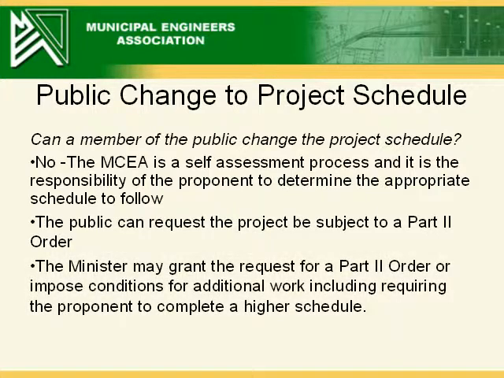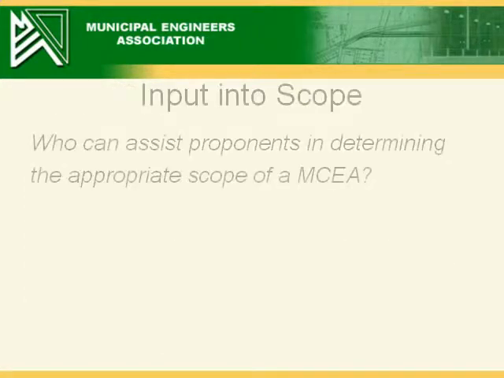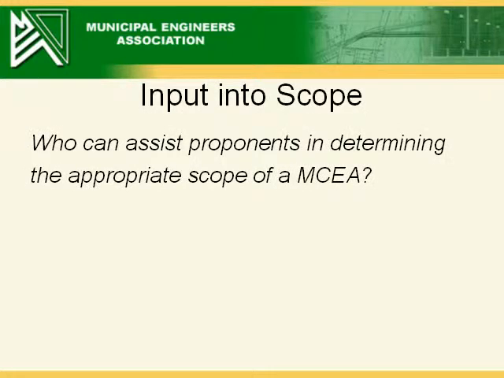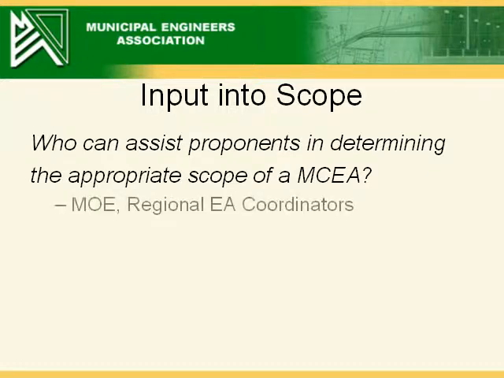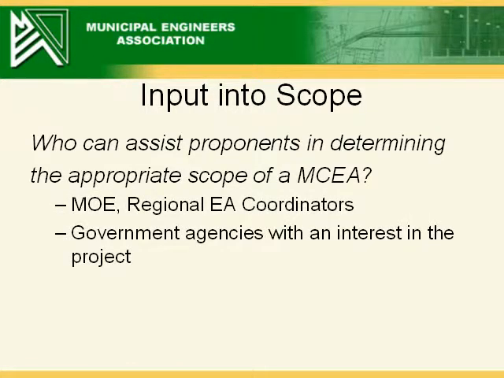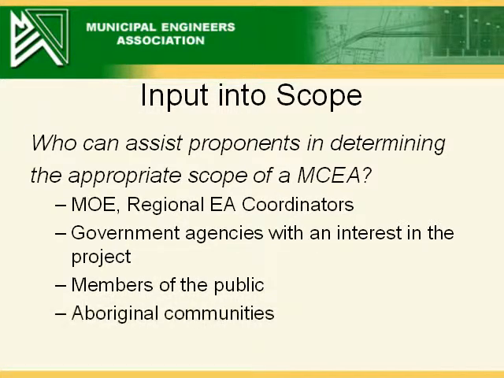The minister may grant the request for a Part 2 order request, or alternatively, decide to impose conditions for additional work. Who can assist proponents in determining the appropriate scope of an MCEA? MOE Regional EA Coordinators, government agencies with an interest in the project, members of the public, and Aboriginal communities.